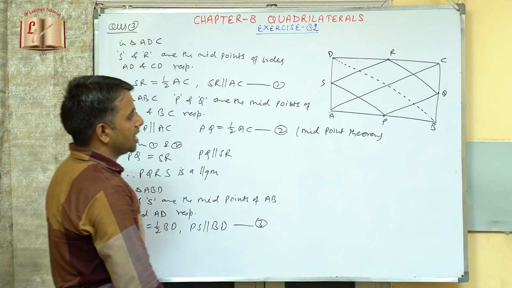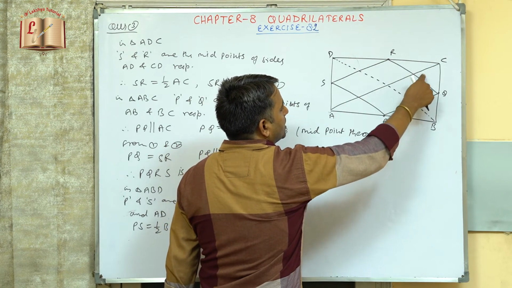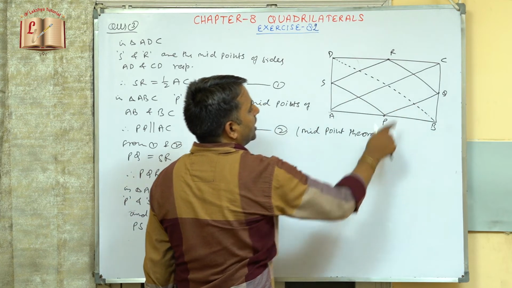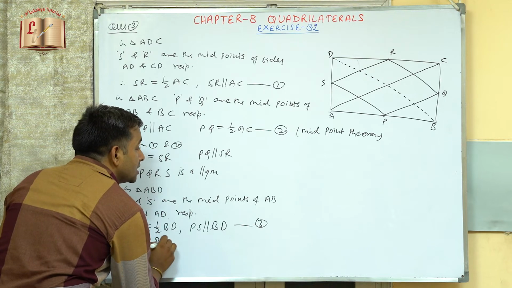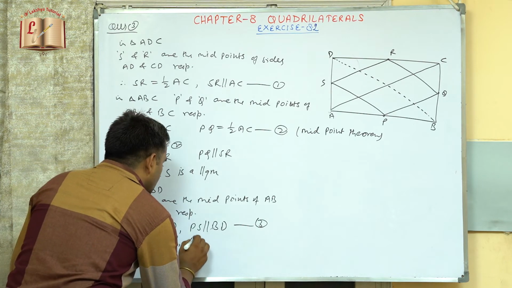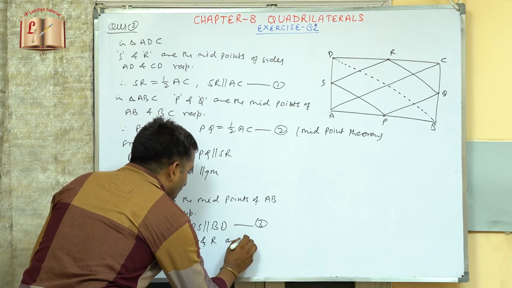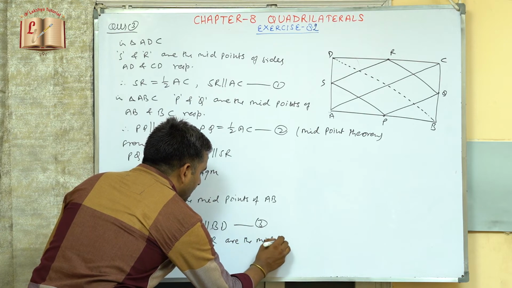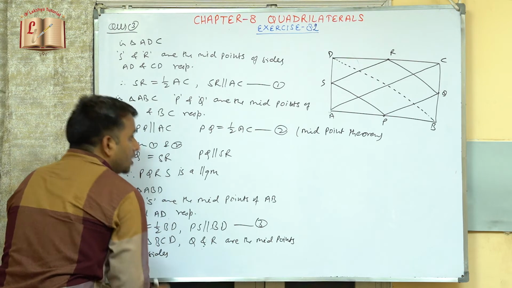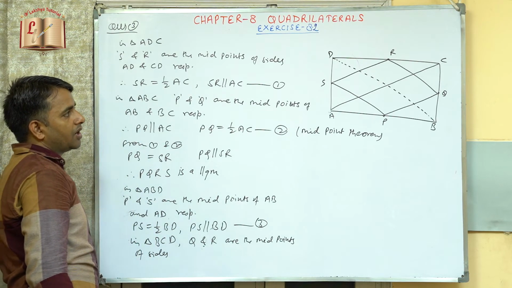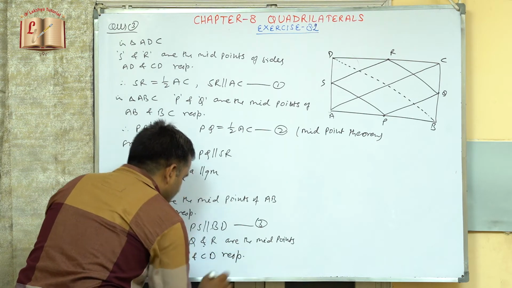Now similarly in triangle BCD, Q and R are the midpoints of BC and CD respectively.